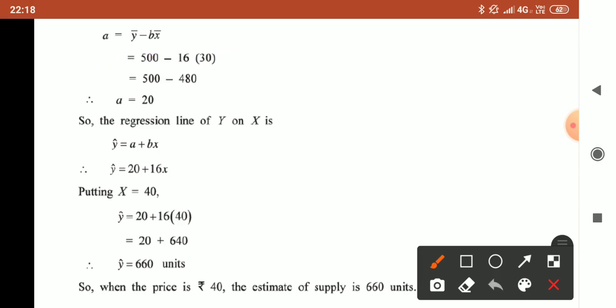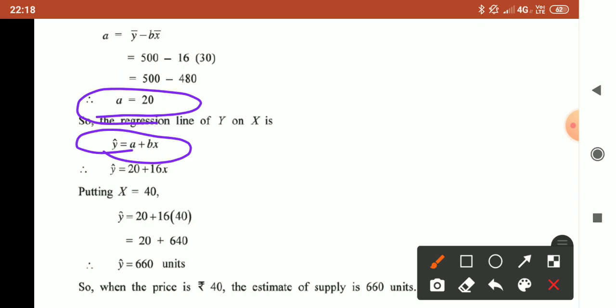And in this way we will get the answer a equals 20. Now my last step will be to find the regression line. I'll put the formula of the regression line, y cap equals a plus bx, and since I have found a and b, I'll insert the values in the regression line.